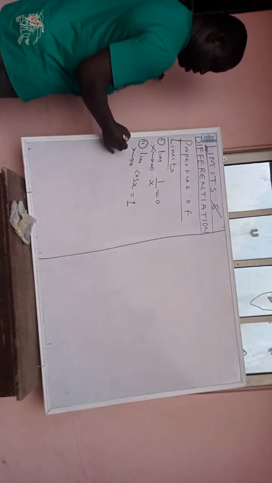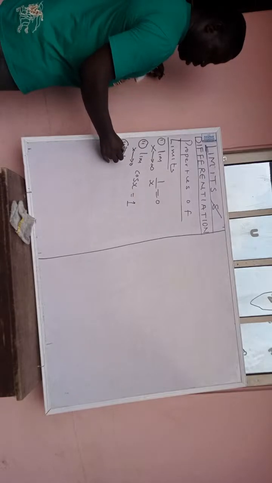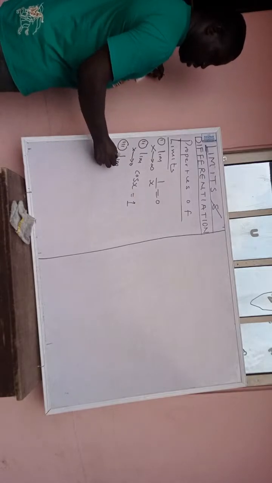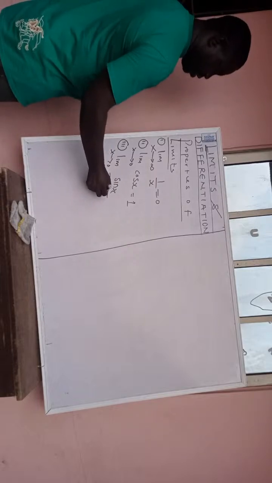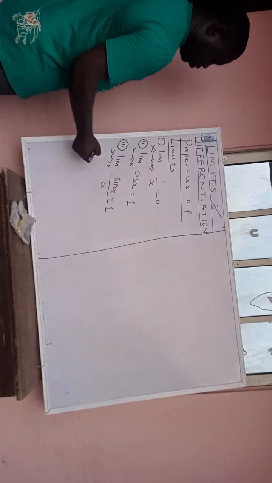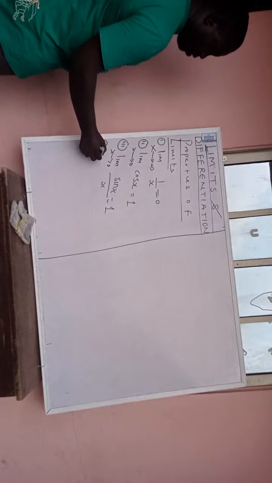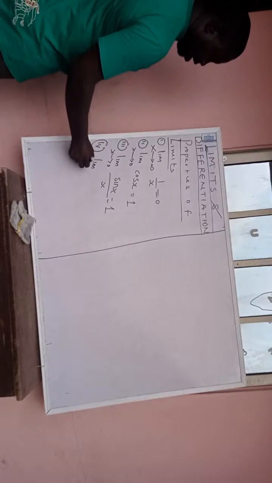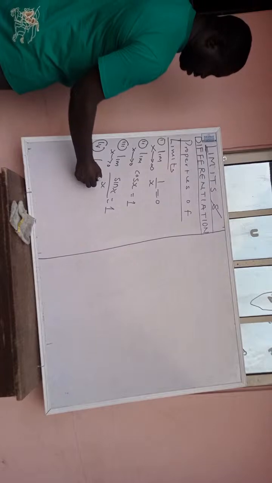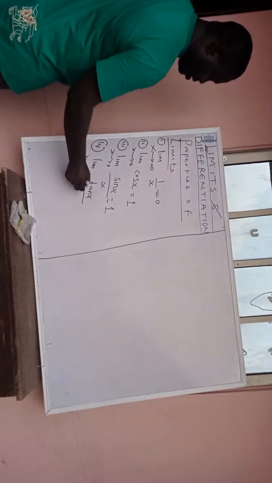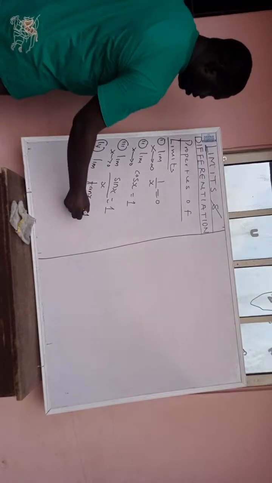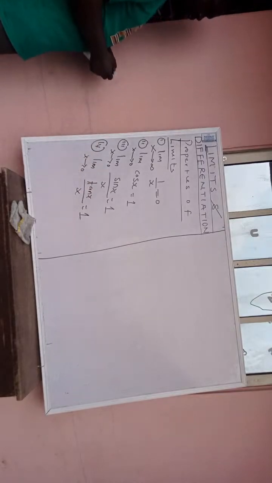You have 1 here. Number three, you have limits as this, you have this also equal to 1. Number four, you also have limits, that's tan x over x giving you 1. I'm sure that's very clear.